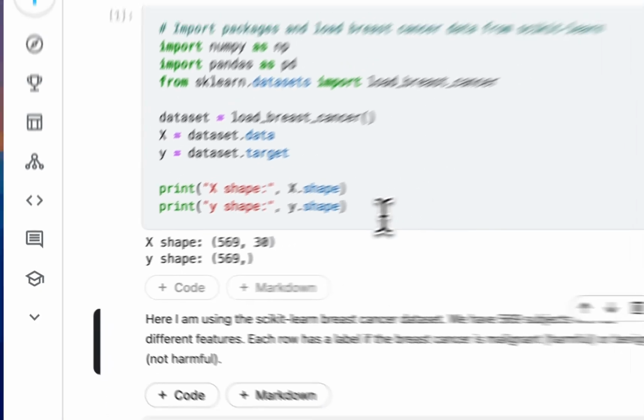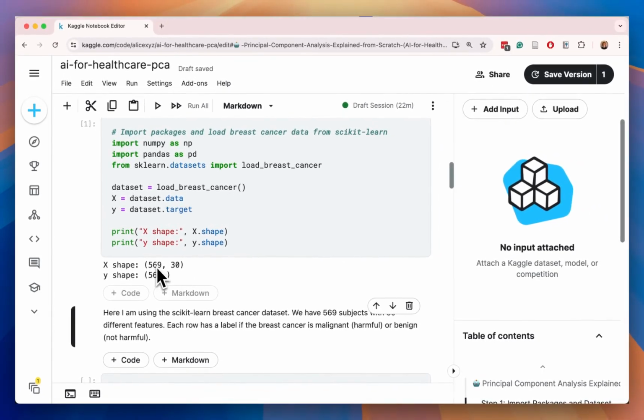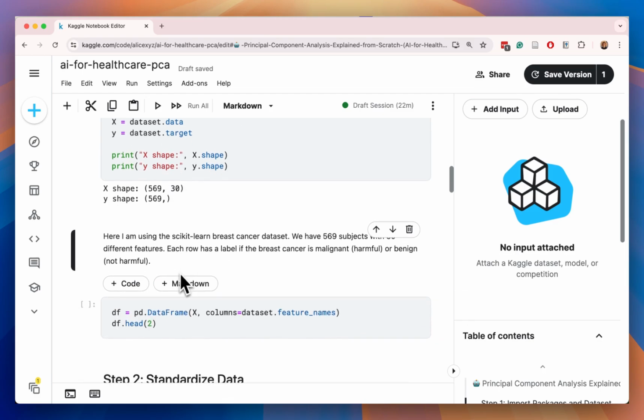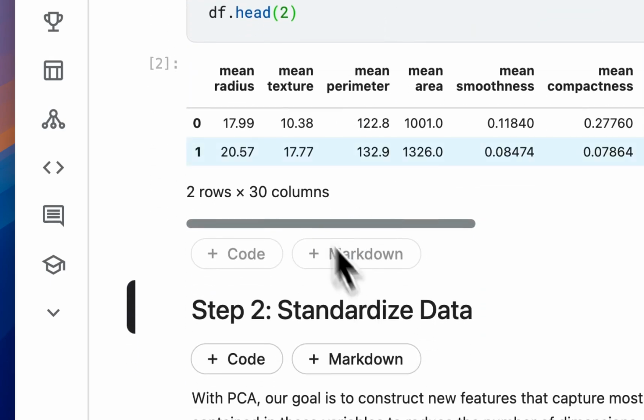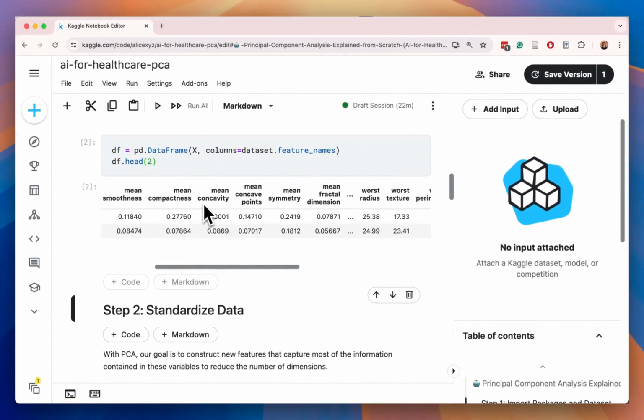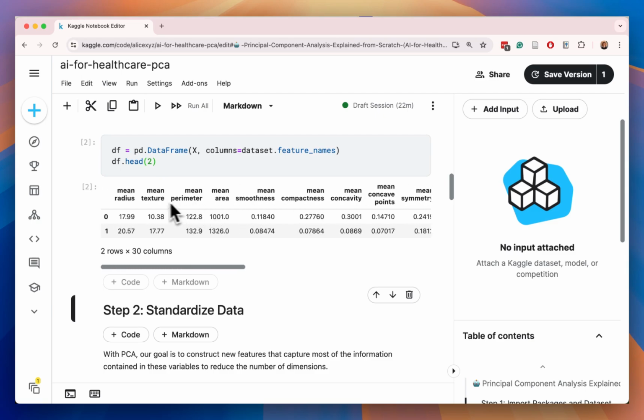Running this cell shows us that we have 569 subjects and 30 different features. Each row has a label if the breast cancer is malignant, or harmful, or benign, not harmful. And we can look at the DF right here and see all our 30 features. These are numbers that describe different features in our datasets.